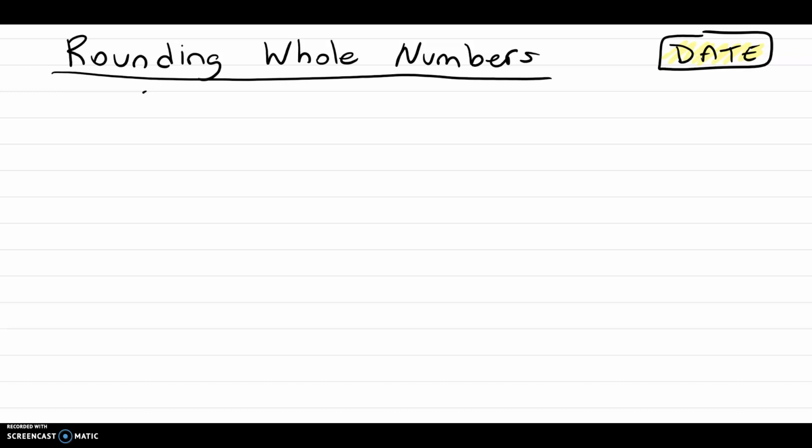So let's say you're given this problem. Round 375 to the nearest 10.